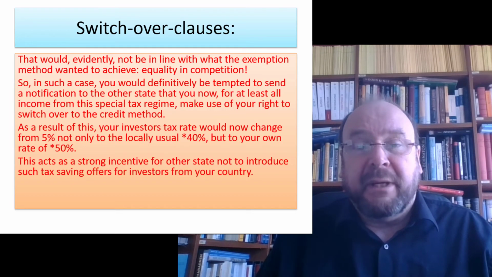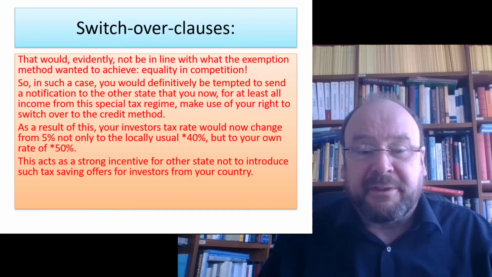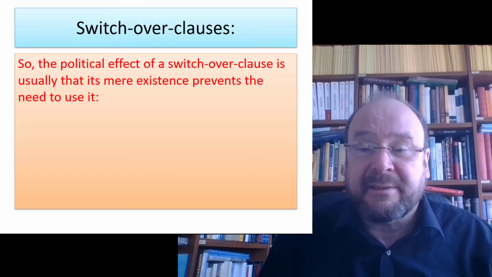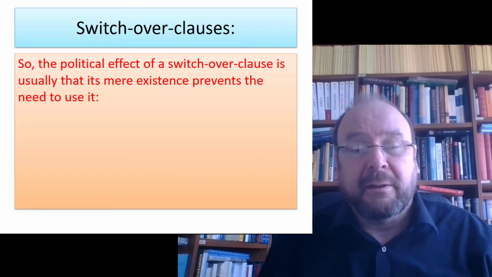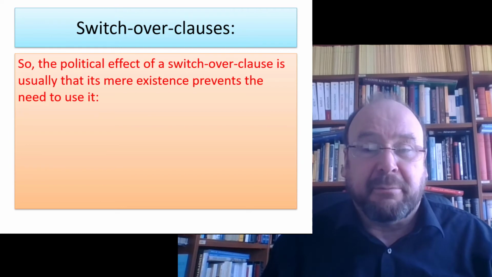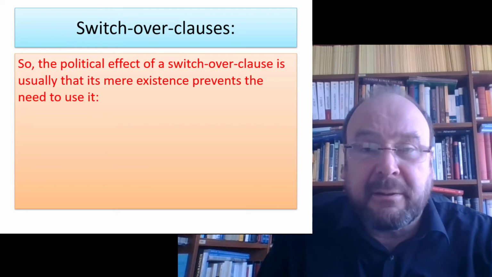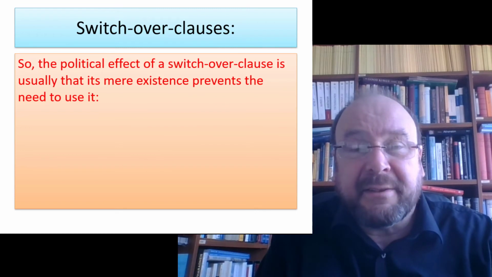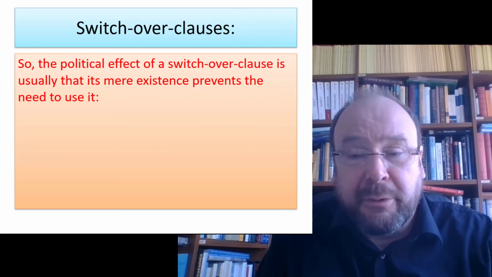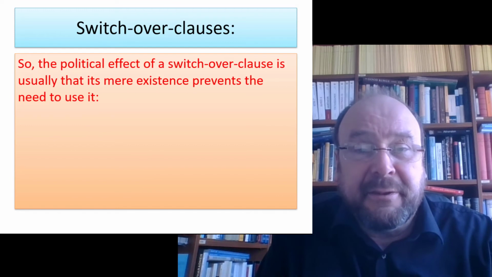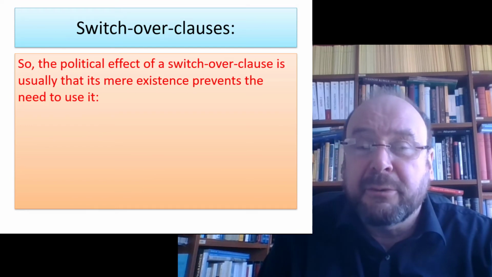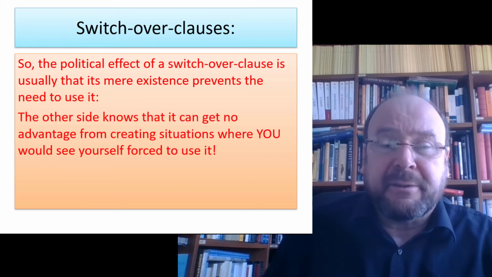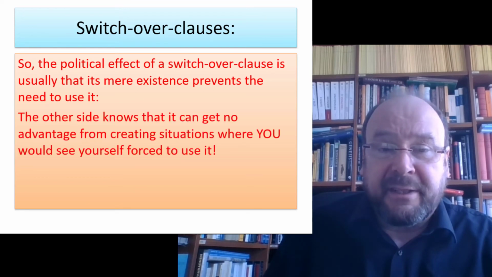So the major effect of the switchover clause will be that its mere existence probably hinders its use. It's kind of a nuclear bomb. The mere fact that you own it usually makes it unnecessary to throw it. The other side knows what will happen if they do nasty things, and so they will refrain from that.